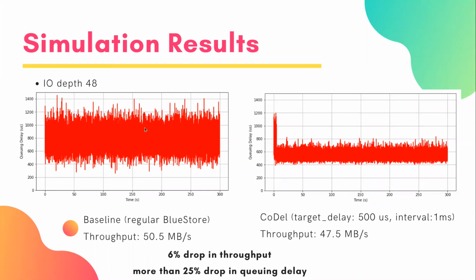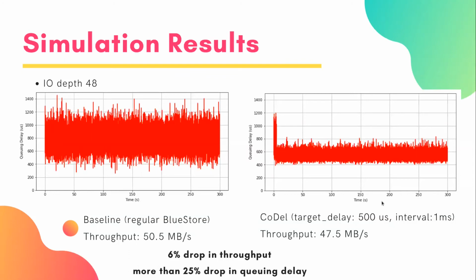Basically, it decreased the queuing delay, but it introduced an overhead and a drop in throughput. But 6% can be acceptable when achieving a 20% drop in queuing delay and making this, for example, schedulable. We might be able to accept this drop in throughput.